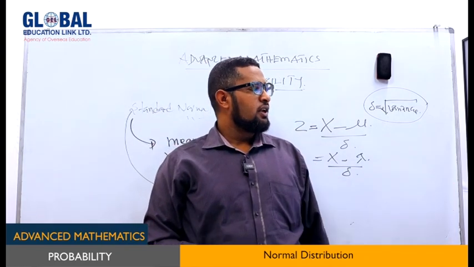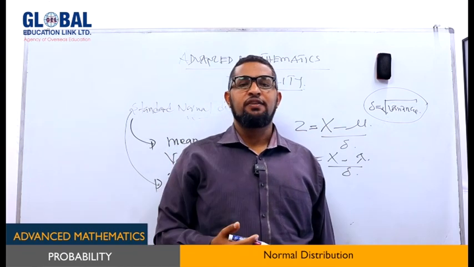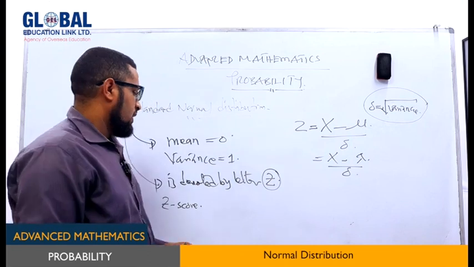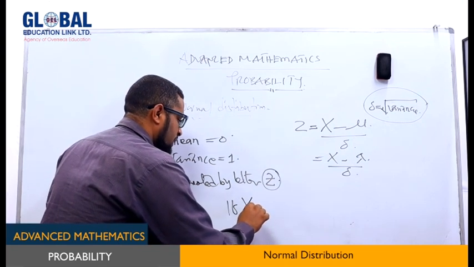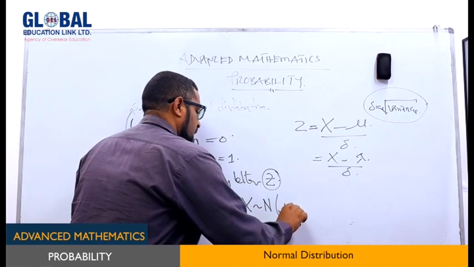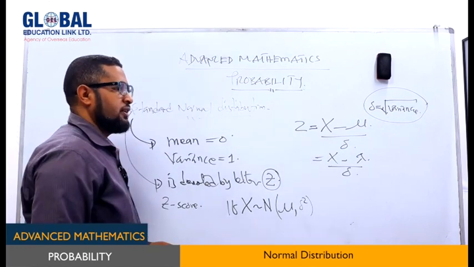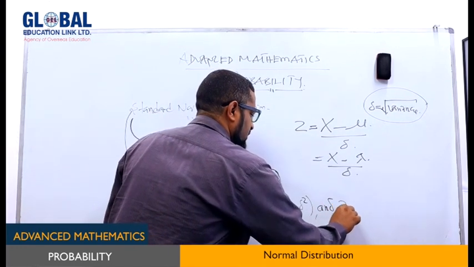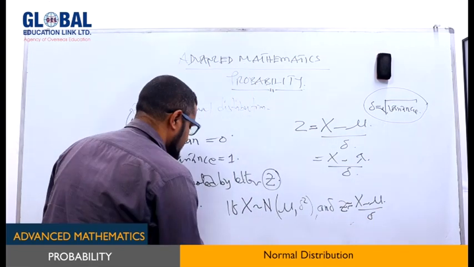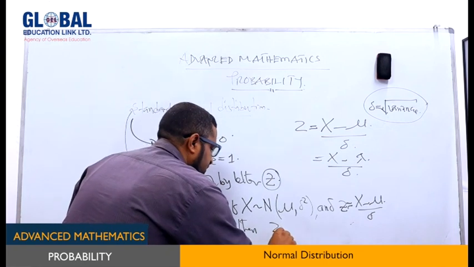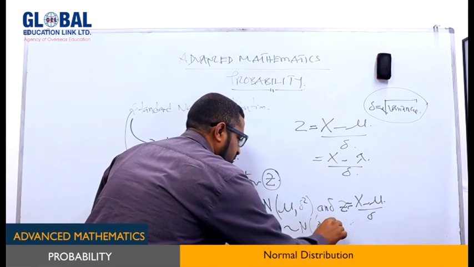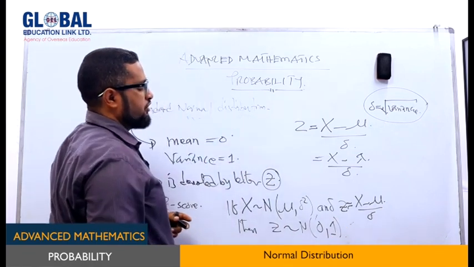Now, let's see how you can standardize a given mark. But before checking an example, if variable x approximately follows a normal distribution under a mean and variance, and z is equal to the variable x minus the mean divided by the standard deviation, then we simply write that z approximately follows a normal distribution with a mean of 0 and a variance of 1.